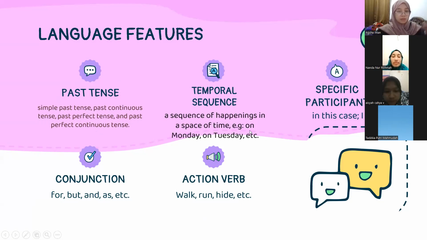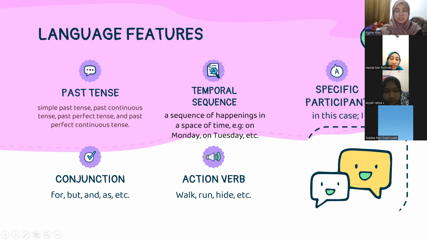So after Monday is Tuesday, and then the next is Wednesday. But if you're telling a story that happens in a day, the temporal sequence you might use is time, like 9 a.m., then 12 p.m., then 3 p.m., and so on.